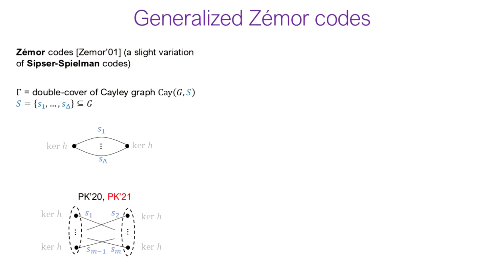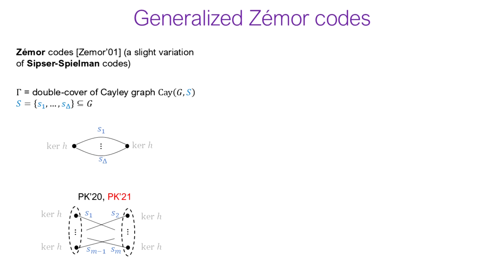Here I assume only small set expansion. For very small sets, you can get arbitrarily close to 100%. Here is the generalization of Zemor codes that I already mentioned.